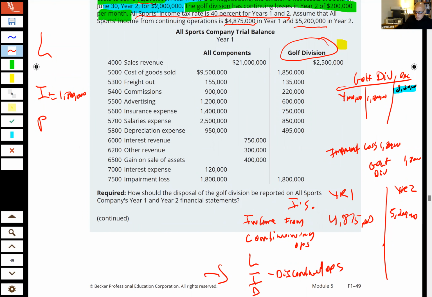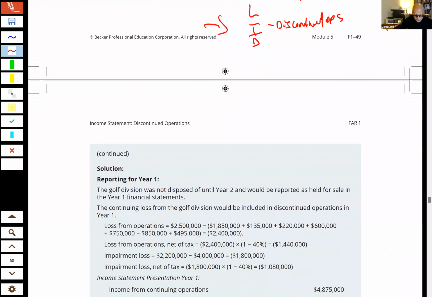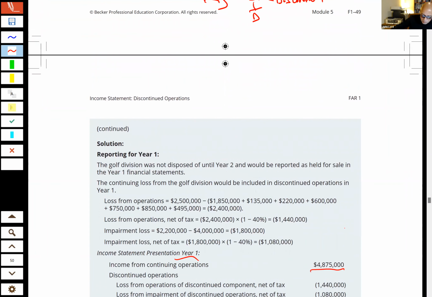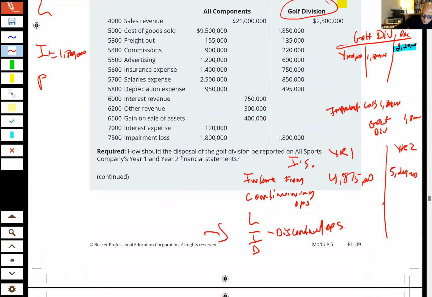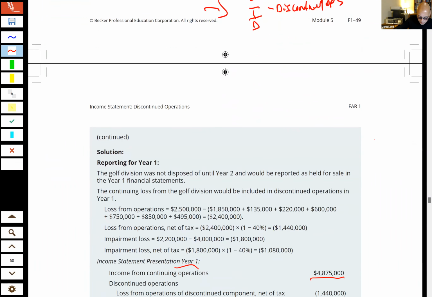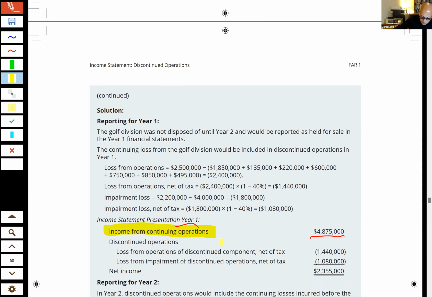Okay, good. So now we come over and we start with year one. There's that 4,875,000. They're just bringing that number right over. That's the year one number. That's the continuing operations piece. And now we start to go through and figure out the discontinued operations.